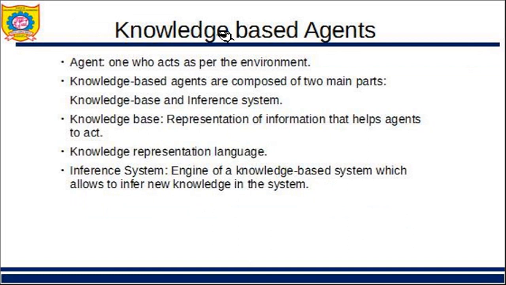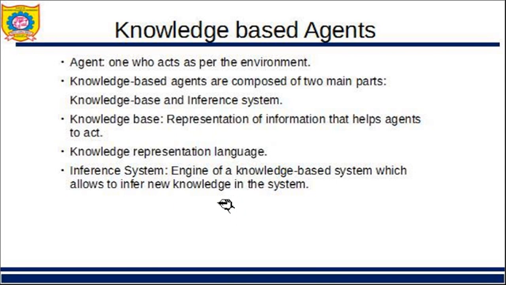So here we are seeing knowledge based agents. What do we mean by KBA? How to represent this knowledge? We require KBA, which stands for knowledge based agents. So what is this agent? An agent is one who acts as per the environment. It does all the necessary actions depending upon the environment.